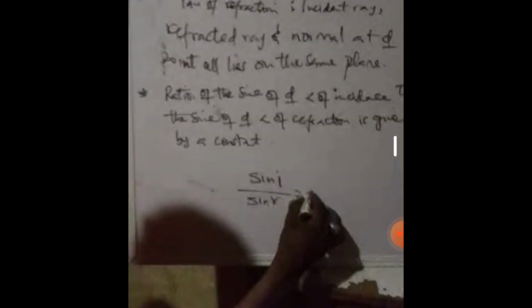It says the ratio of the sine of the angle of incidence, that is sine I, to the sine of the angle of refraction, sine R, is given by a constant. This is a constant. This is the constant. So this law is known as the second law of refraction.